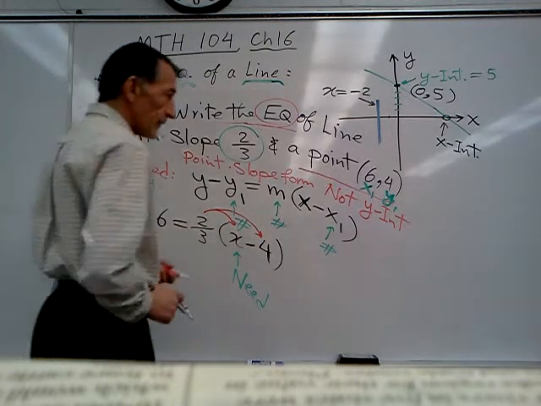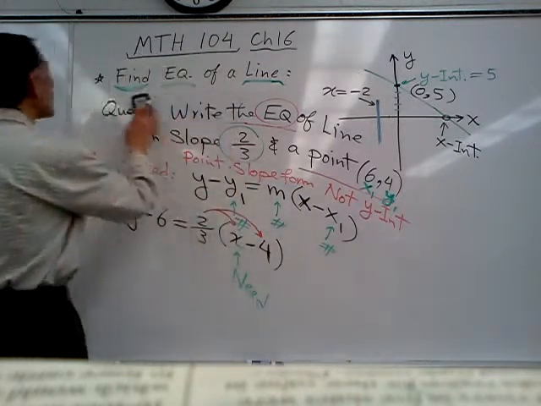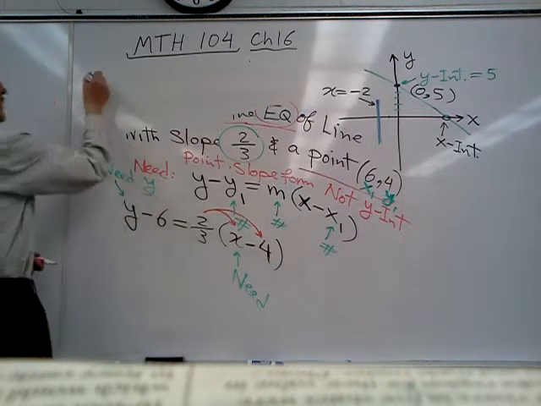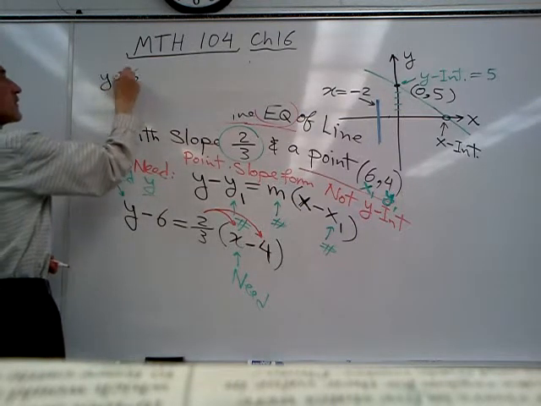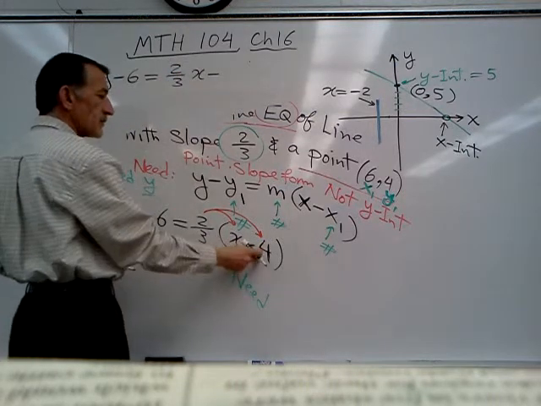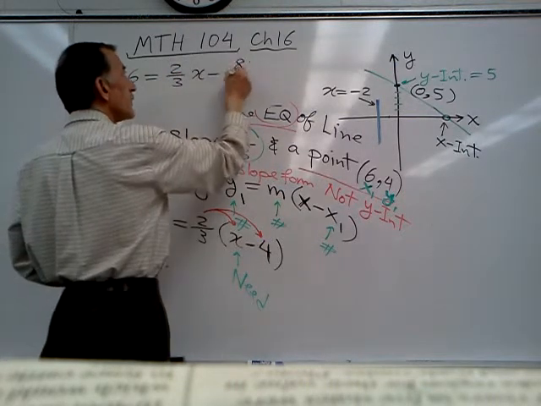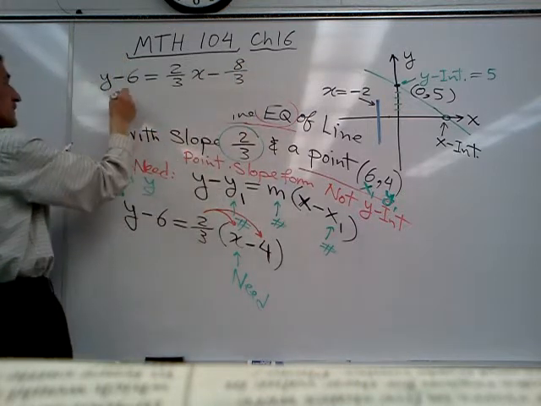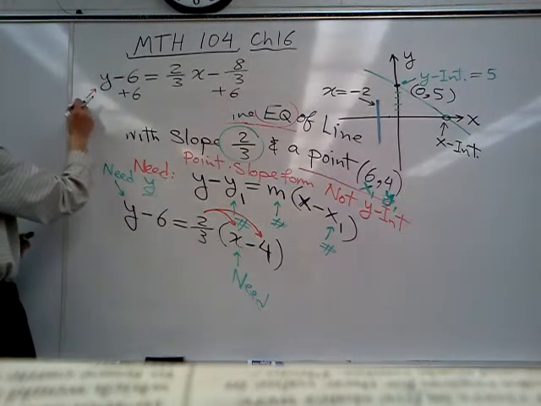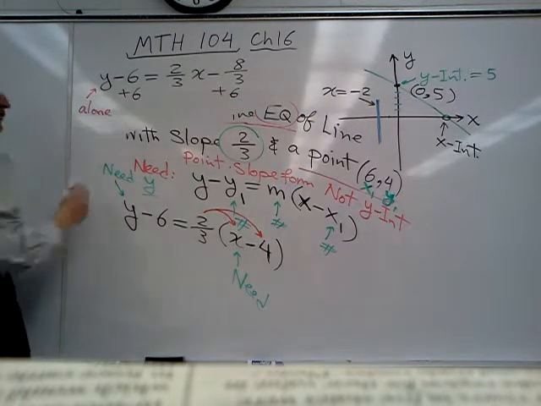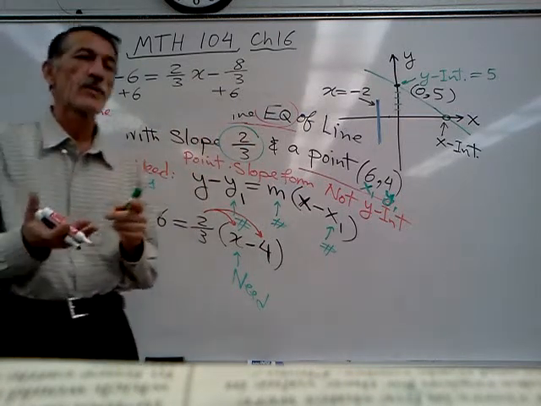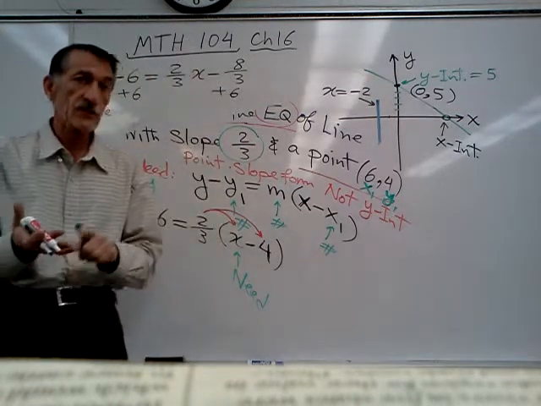So now we're going to have y minus 4 equal to 2/3 x minus 2/3 times 6, which is going to give you minus 4, and then you add the 4 to both sides because we want the y alone by itself. And we want to make this equation look like the slope-intercept format, and you know the slope-intercept format is y equal to mx plus b.